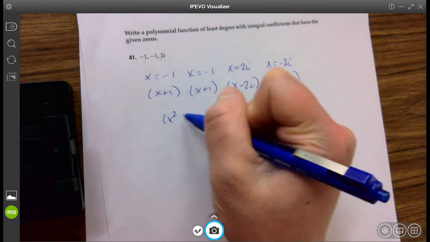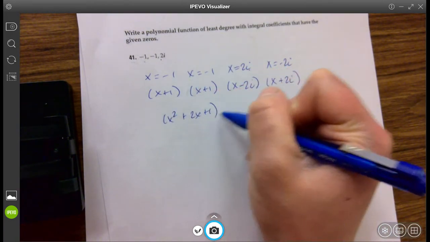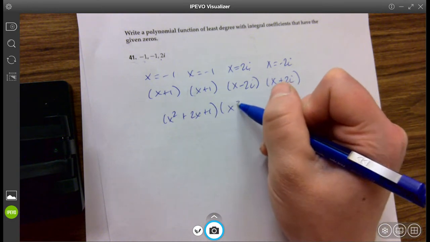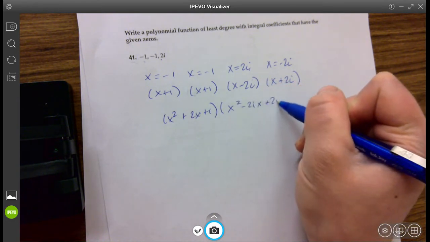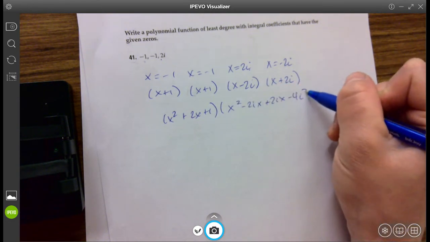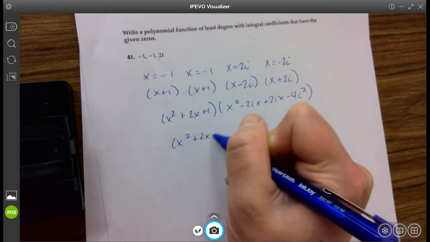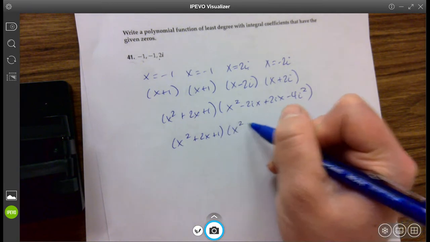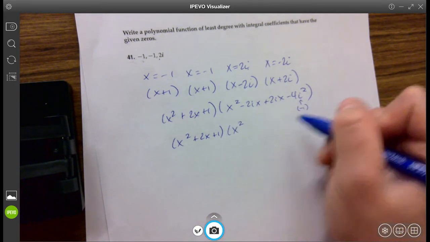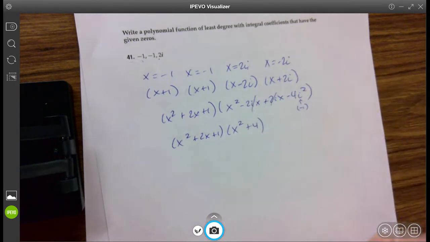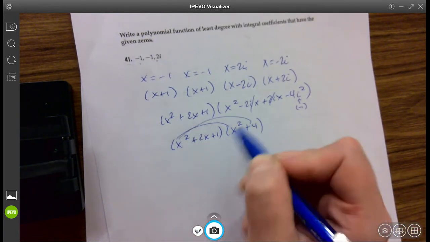If I FOIL the first 2, and then I FOIL the last 2 together, this is what I will get. It's going to be negative 1. So this is what we get, and these cancel. Now we're going to go ahead and distribute.